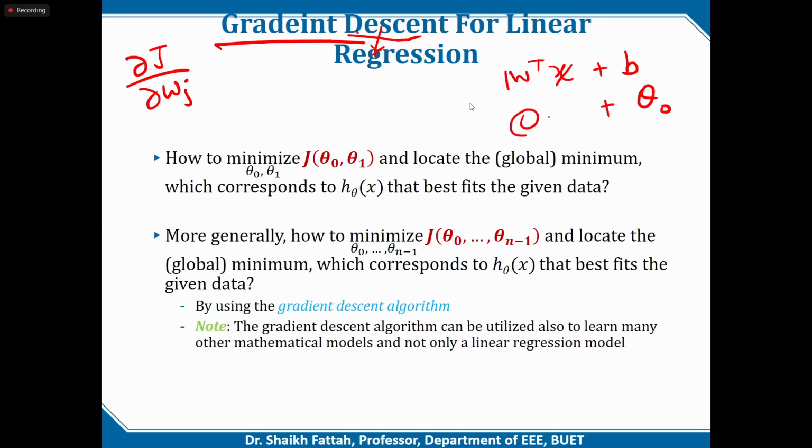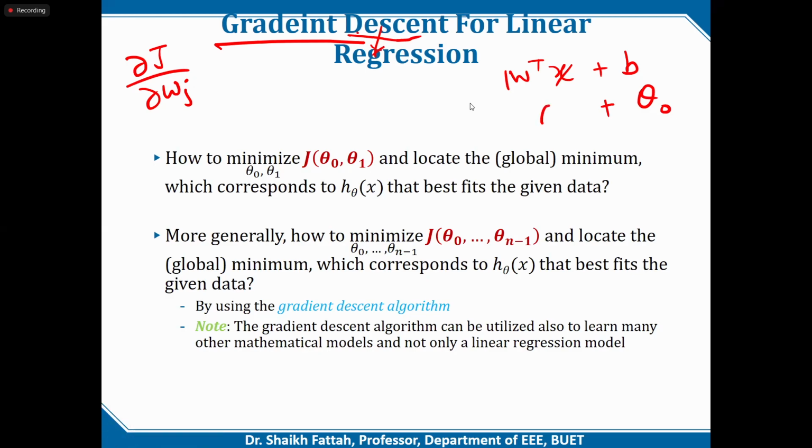Here we have to minimize it. We have to minimize it in our search process.